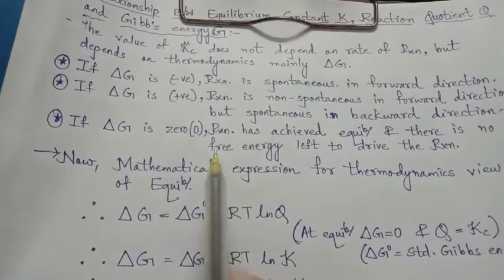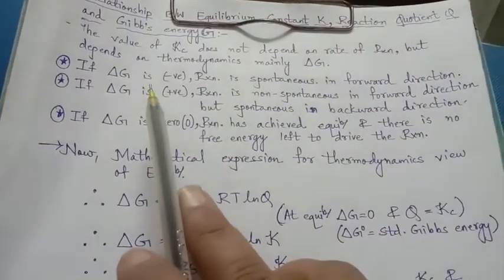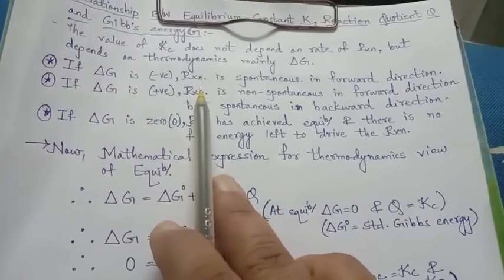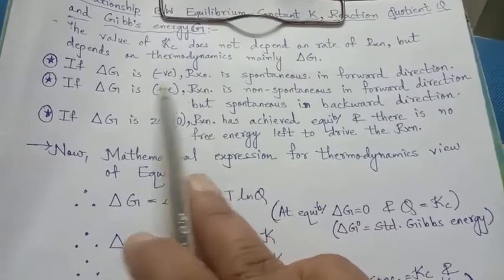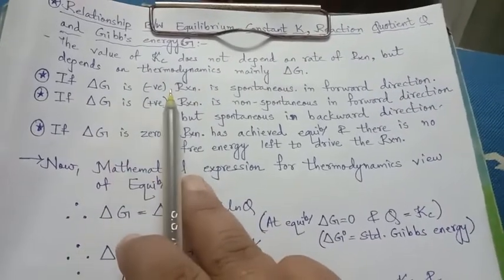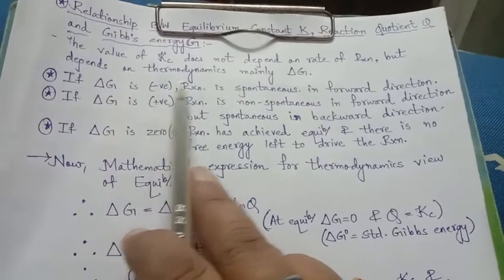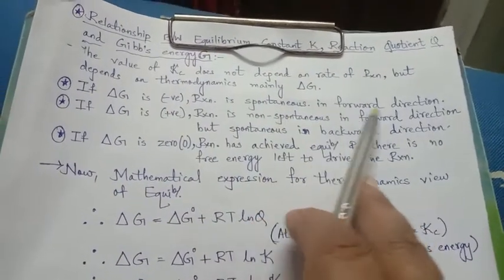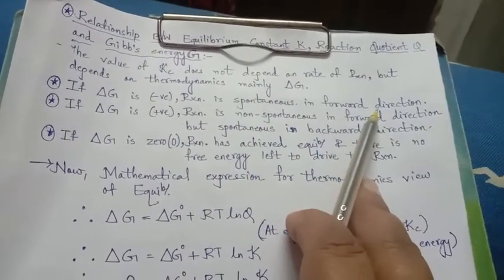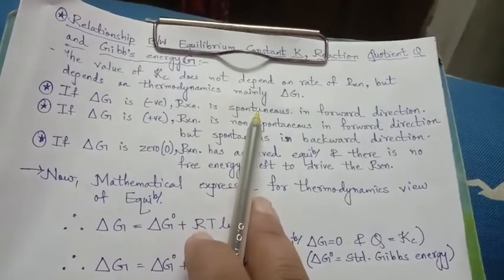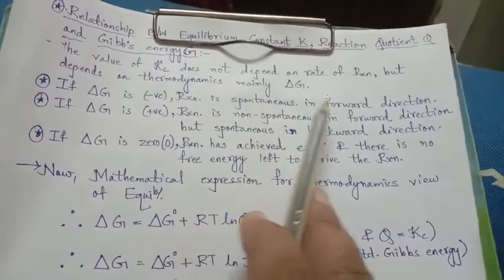Now let us recall a few facts which we have already learned and discussed in thermodynamics. If delta G is negative, the difference in free energy is negative, the reaction is spontaneous in the forward direction. If we say that delta G is negative, the reaction is spontaneous, that means it occurs on its own in the forward direction.